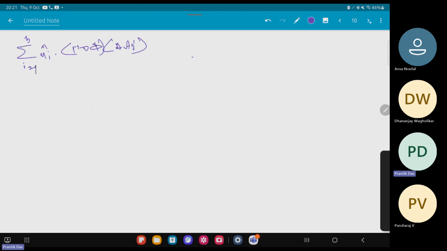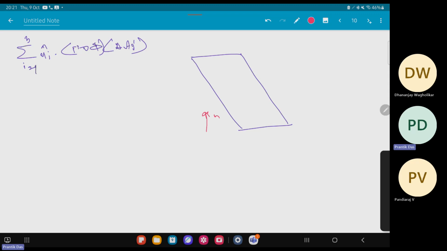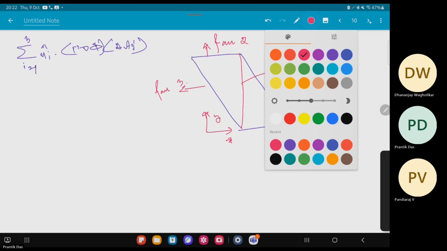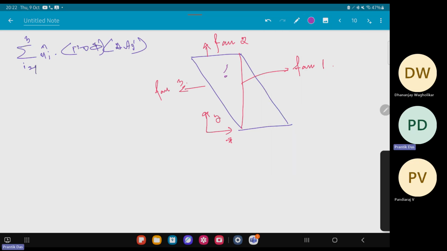Therefore, if I draw a 2D cell like this, this one is the y-axis and this one is the x-axis, and this one is face 3, this one is face 1 and this one is face 2, and this is P, this is A, and this is n cap and this is theta, and these are the curvilinear basis vectors along the zeta and the eta direction.